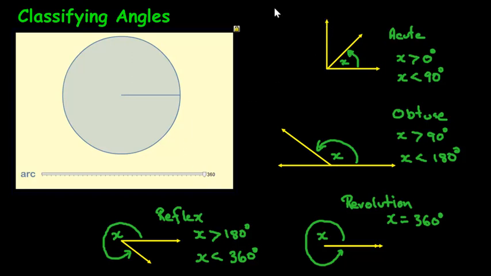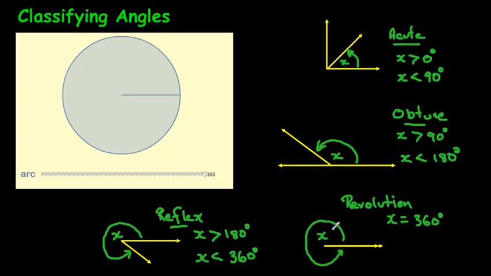So let's go back over it. You have your 90-degree angle. Between 0 and 90 we have our acute angles. If the angle goes beyond 90 degrees but less than a straight line, or 180 degrees, we have an obtuse angle. If the angle goes beyond 180 degrees but not right around, we have a reflex angle.